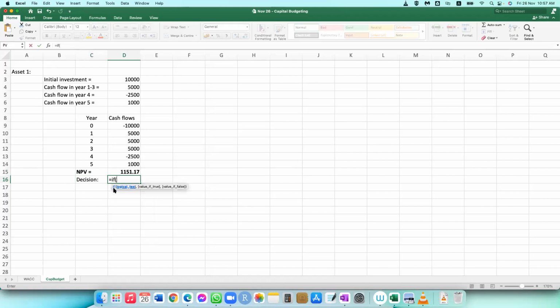If this one is greater than 0, then what is the decision? Accept. Right or wrong? If NPV is greater than 0, meaning positive, you can accept. Otherwise, reject.